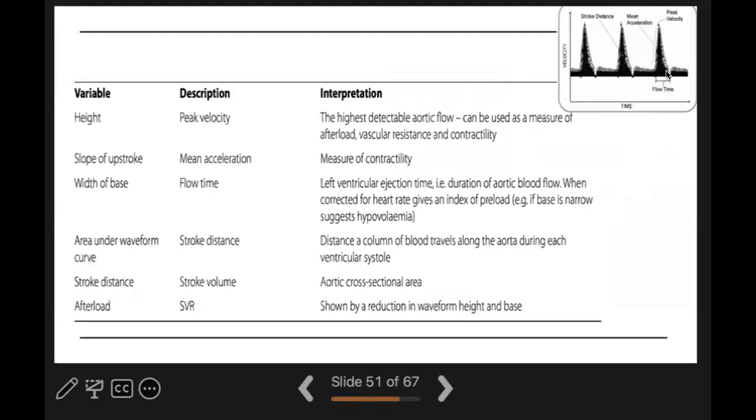And the width of the base is the flow time, and there is also a corrected flow time, which is nothing but left ventricular ejection time, that is the duration of the aortic blood flow. When corrected, it could give the index of preload. And the area under the curve, which is the stroke distance, can give us the VTI. And the stroke distance can give us the aortic cross-sectional area. And these factors could also detect the systemic vascular resistance or the afterload.